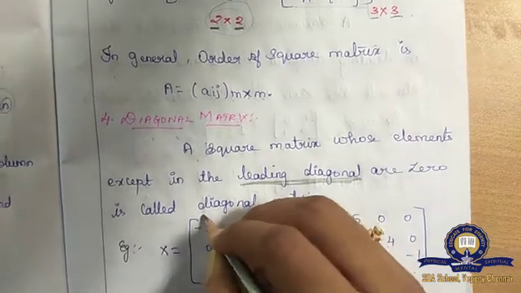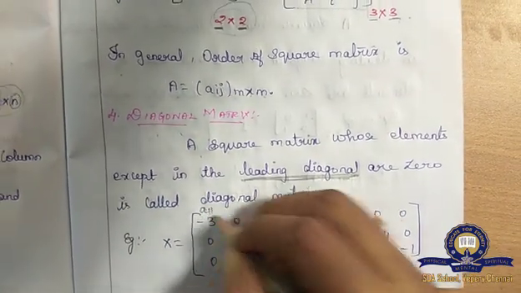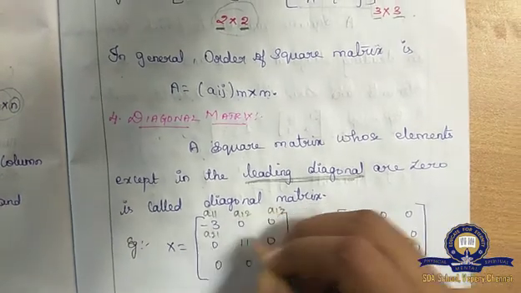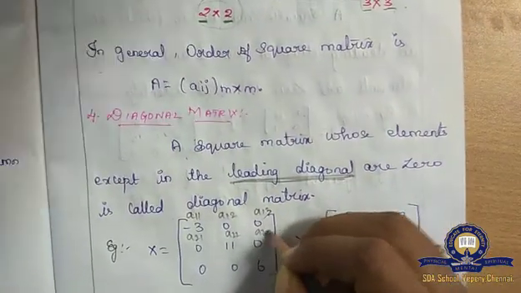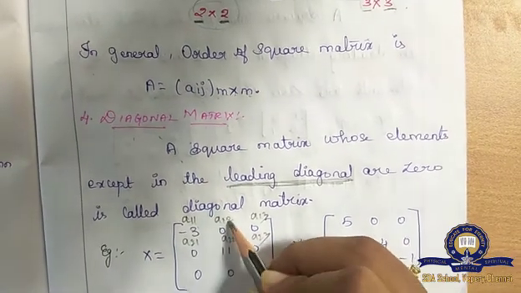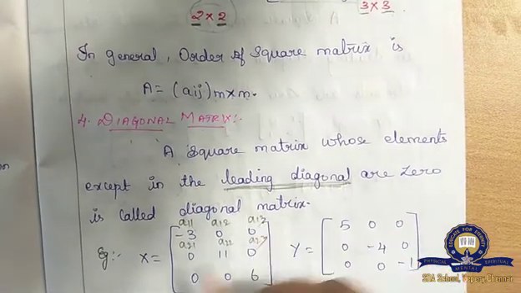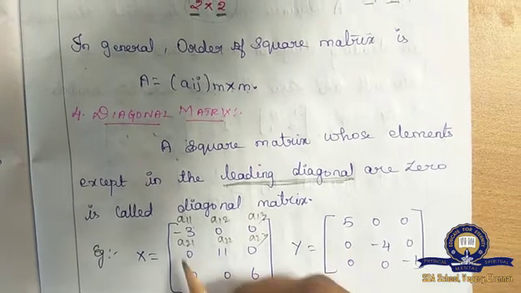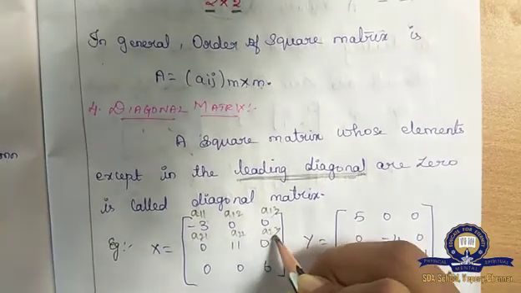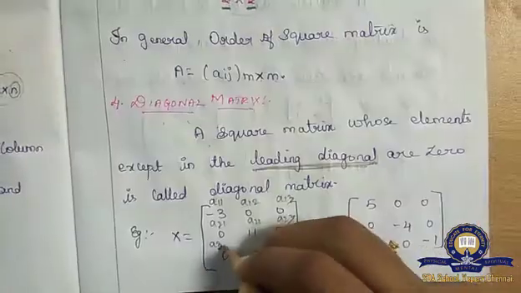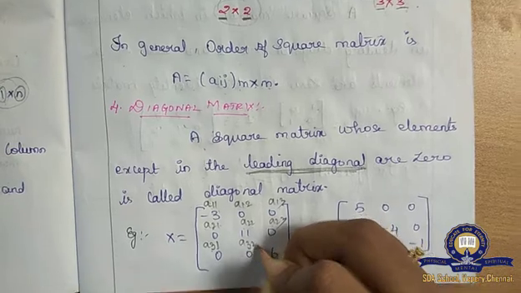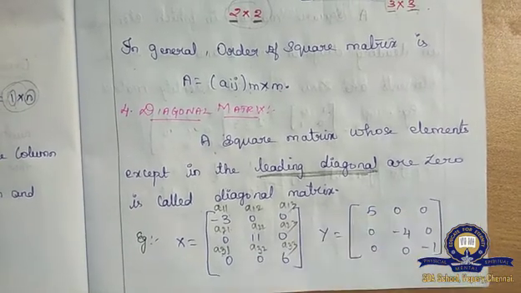Let me name them: this is A11, this is A12, this is A13, in the first row, first column, first row second column, first row third column. Then for the second row, A21, A22, A23. This is the third row: A31, A32, A33.